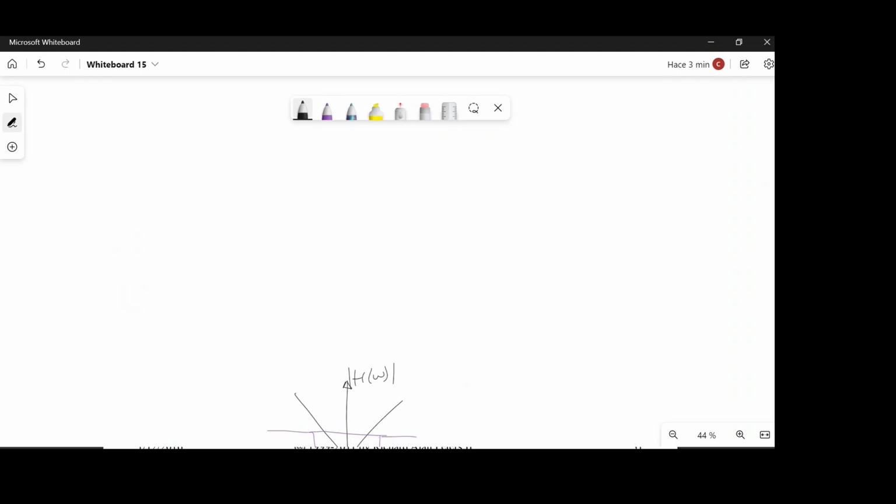So the interesting part of the Gaussian is this exponential of minus x, I will center it at 0, divided by 2 sigma squared.